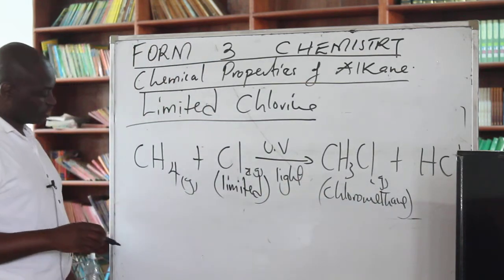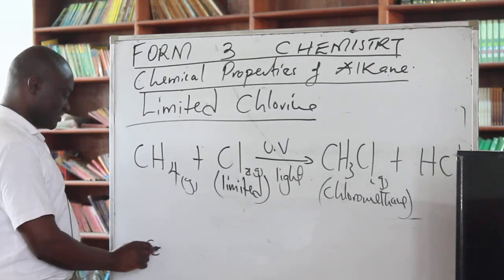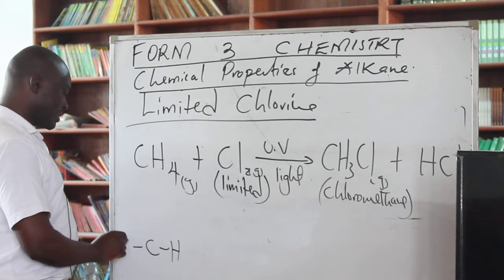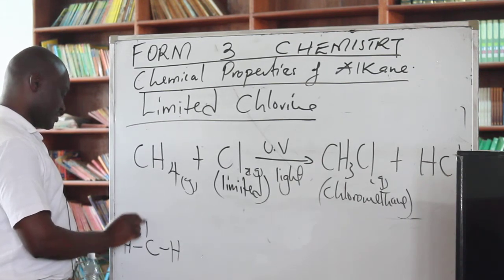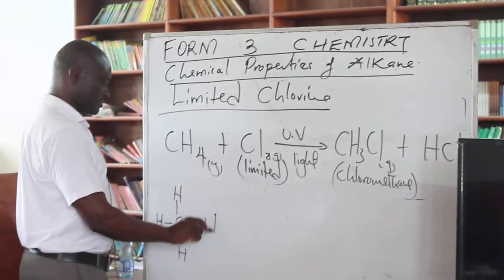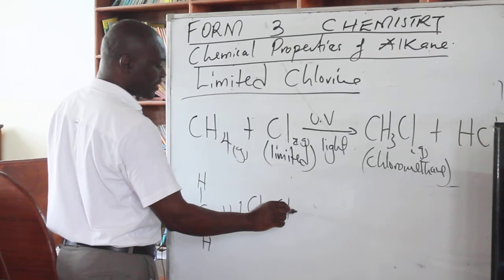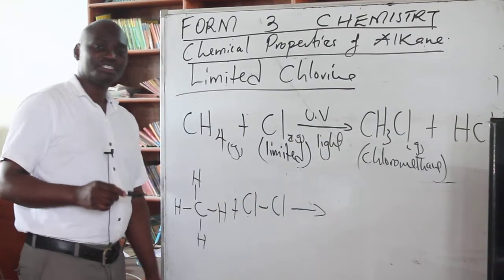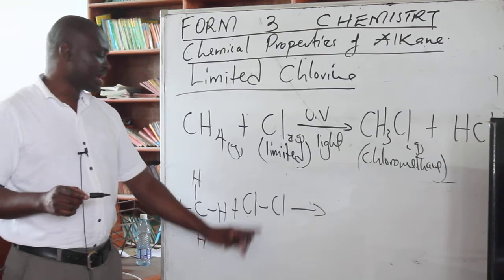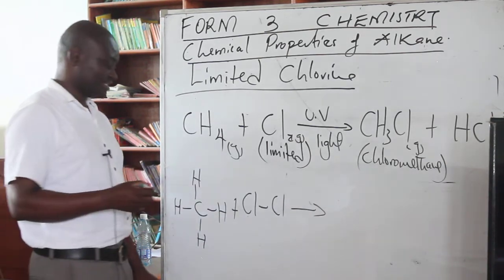In terms of open structure, we'll have one carbon, then chlorine. So the light energy will break the chlorine bond, then one chlorine will come there.